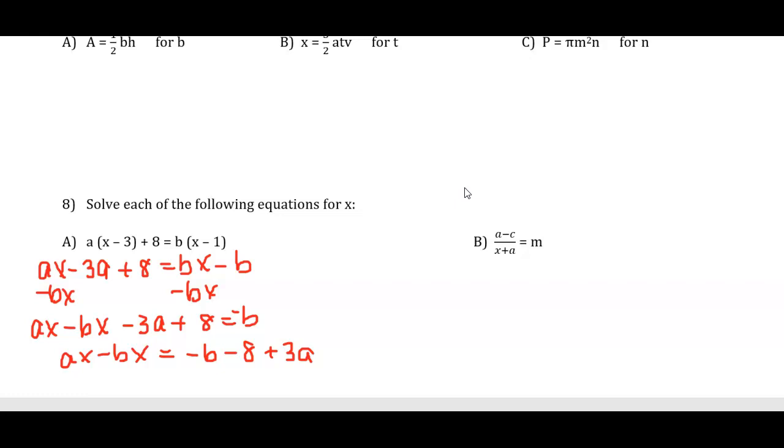And then when you have the x's on one side, you can GCF them out. And then the last thing would be to divide by A minus B.